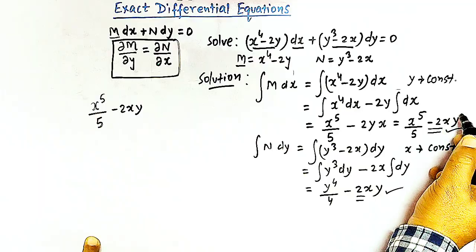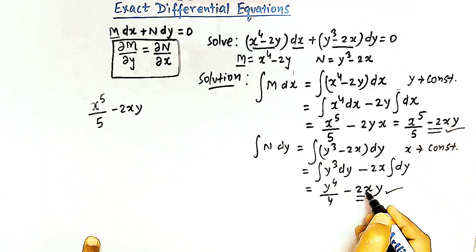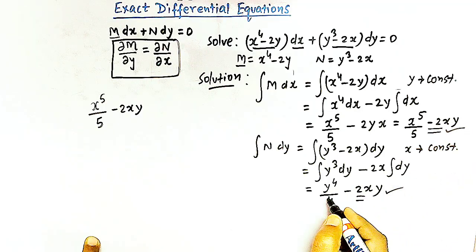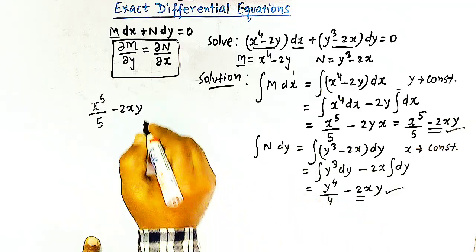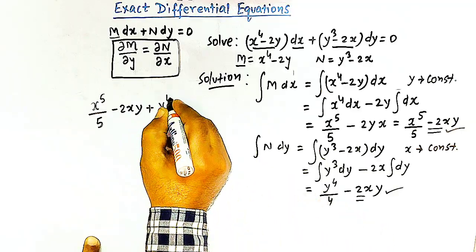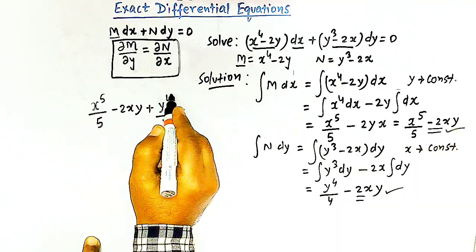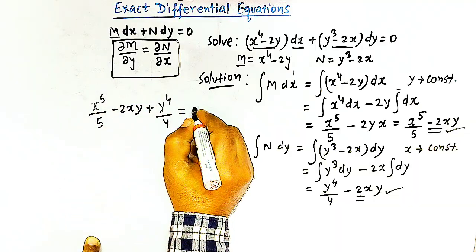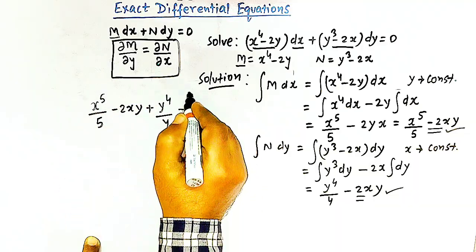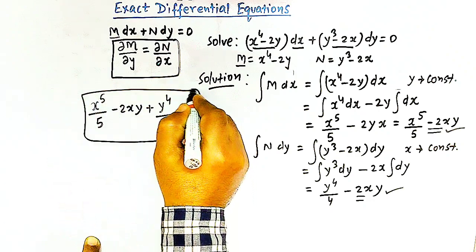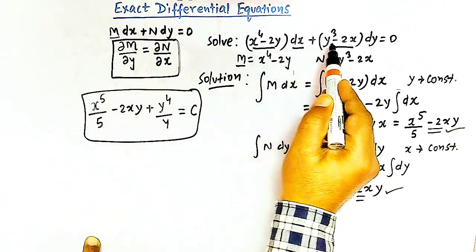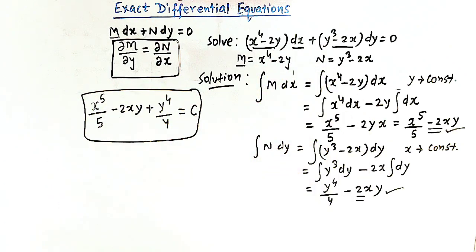We will consider this term, that is minus 2xy, only once, and here we'll take only this term, that is y raised to 4 over 4, and will equate this expression to a constant, say c. So this is the required solution of this exact differential equation.